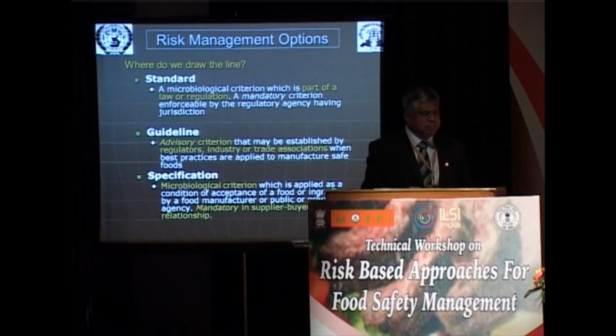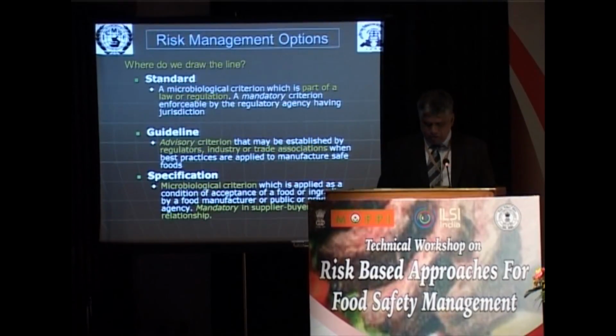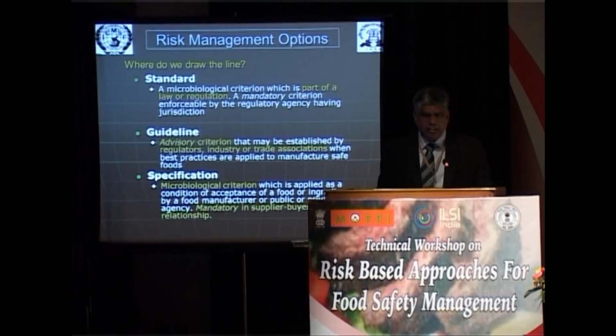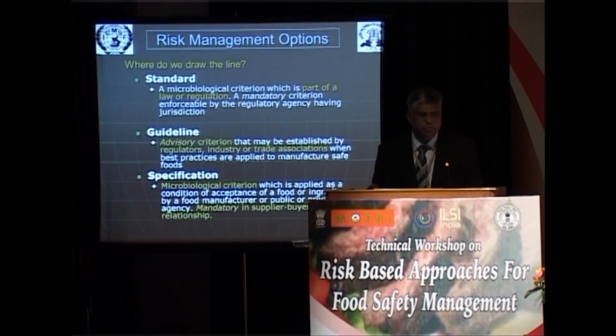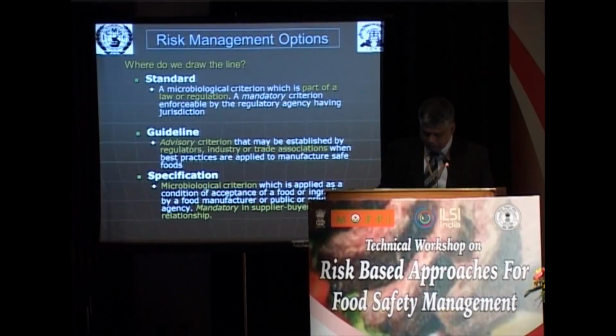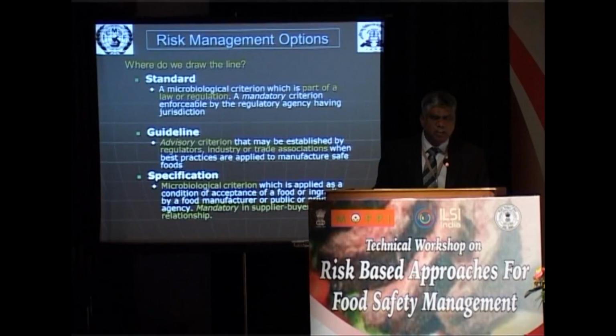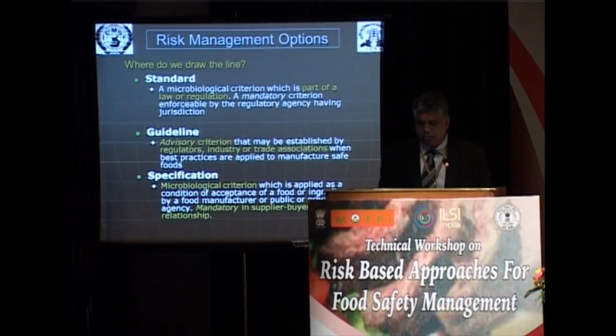Microbiological criteria are of 3 different kinds. One is a standard, which is regulatory, a part of law, a mandatory enforceable criterion. Then there are guidelines, which are advisory in nature, from different regulators, industries and trade associations.